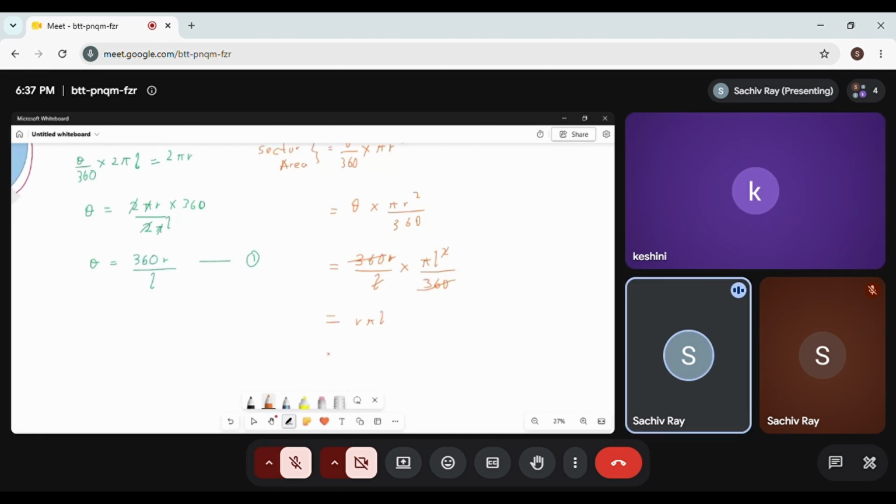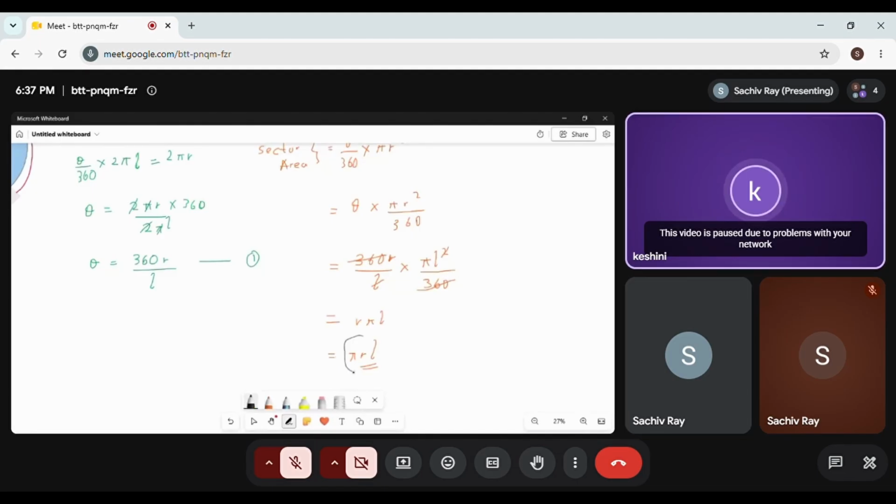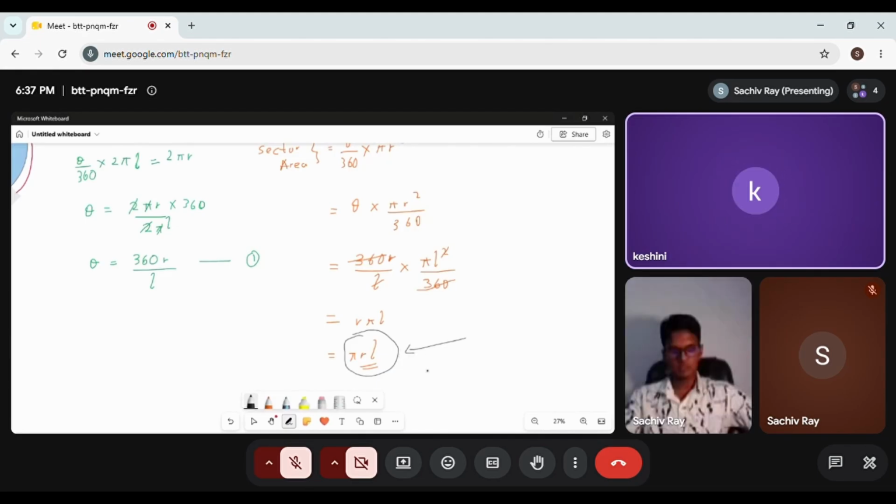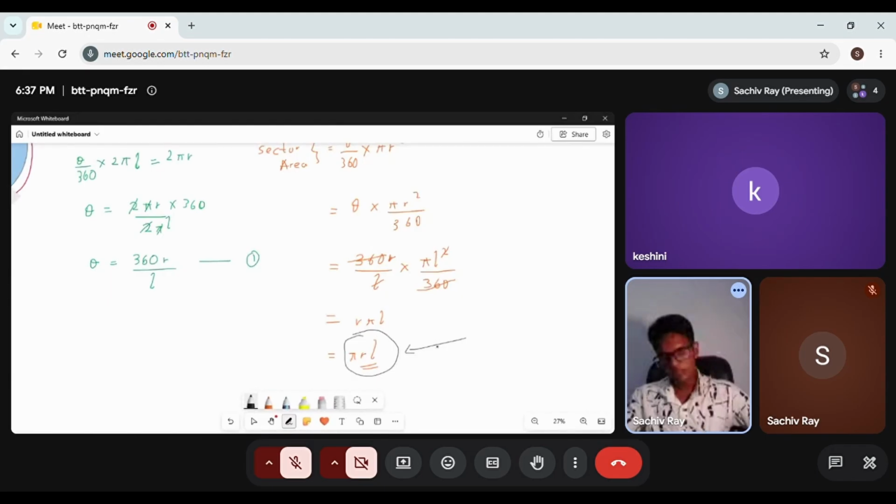Right. So what is this now? What is pi RL? The area of the sector. What is the sector? The sector is the top part of the cone, the pointy part, right?